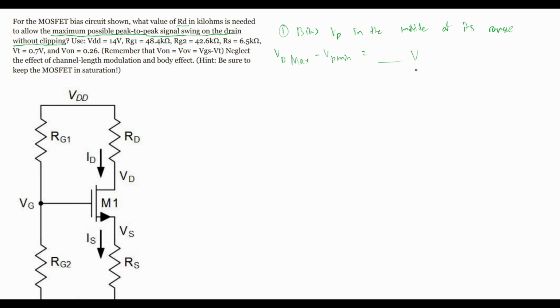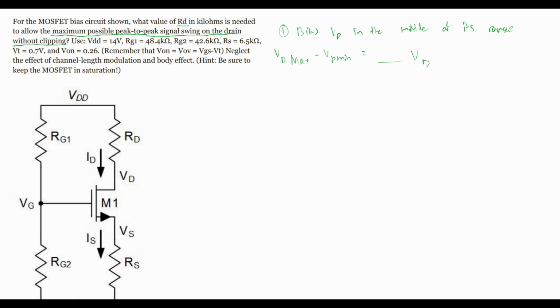We know this would be the voltage of our D, our new VD, that would allow us to get the maximum possible peak-to-peak.